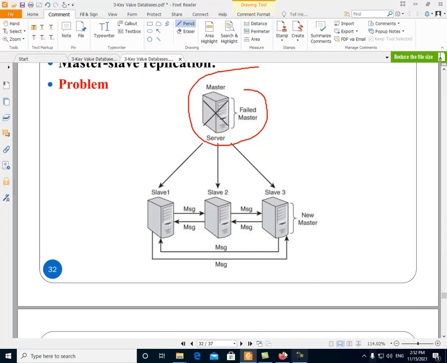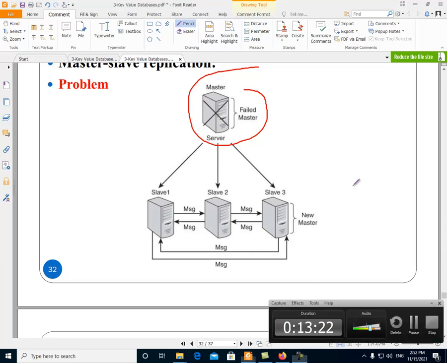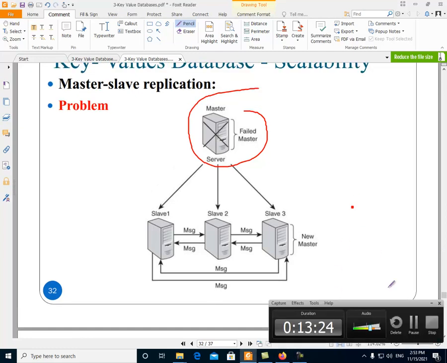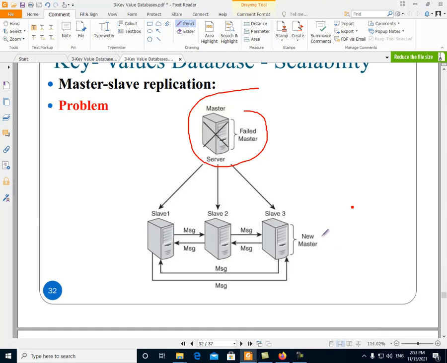So if we have a master slave replication, the master is responsible for the read and write operations, and the slaves are responsible only for read operations.